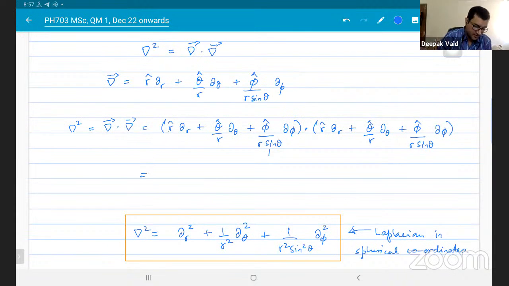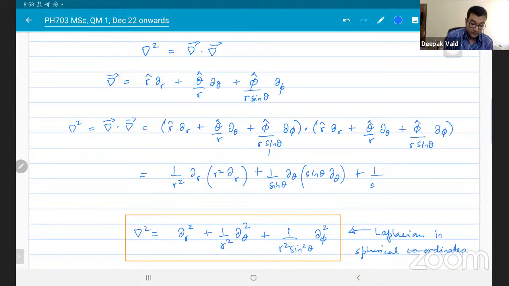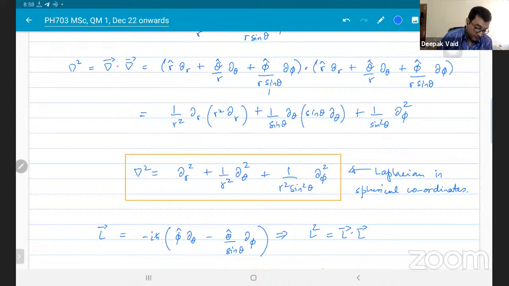This is not divergence. Anyways, let me just write down the expression, and after that you can check me. 1 by r squared del by del r of r squared del by del r, plus 1 by sin theta del by del theta of sin theta del by del theta, plus 1 by sin squared theta del squared by del phi squared. So this is the Laplacian in spherical coordinates. I got this wrong, sorry.